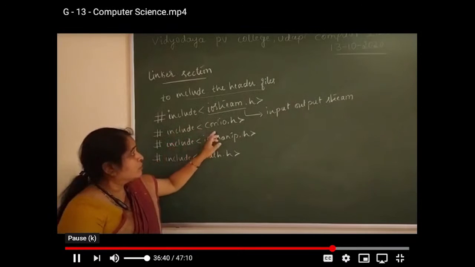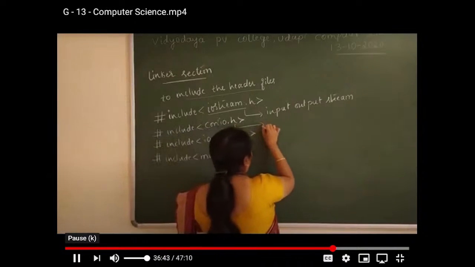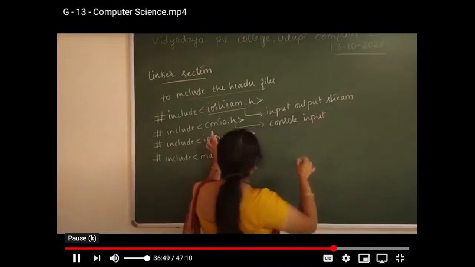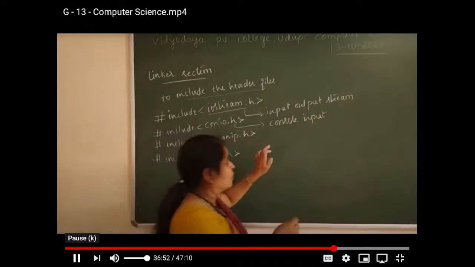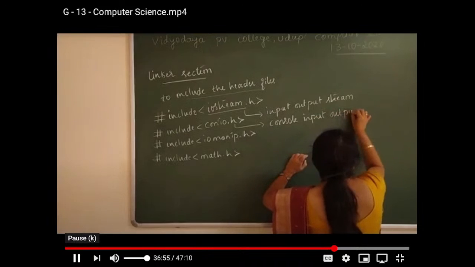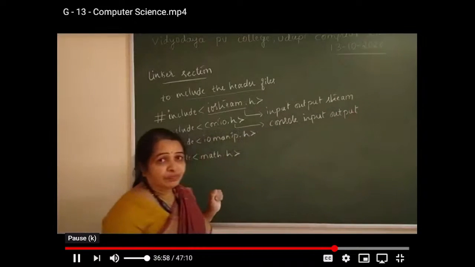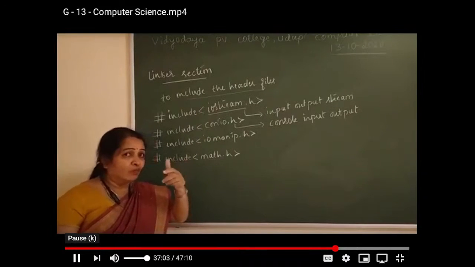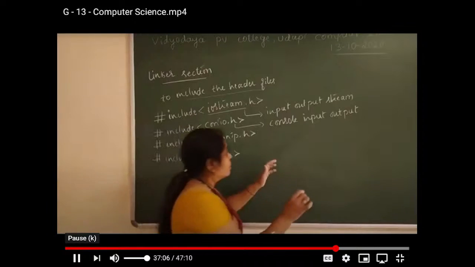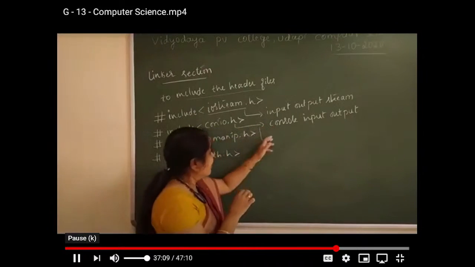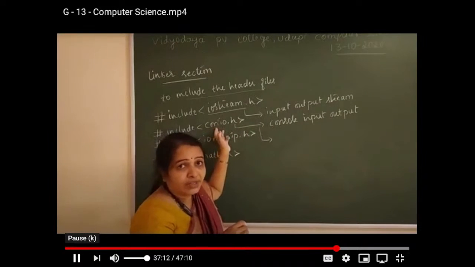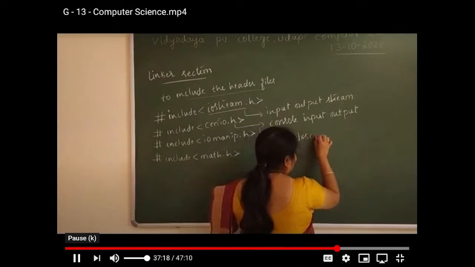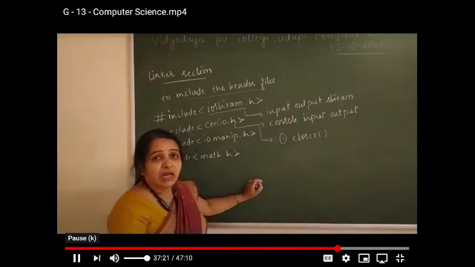conio.h. Conio.h means console input output. Con means console, I means input, O means output. Some of the functions are there in this one. For example, when I write the program, I can explain this more clearly. But now you consider that the functions that come under conio.h are, first one, very important one, clrscr we will write.